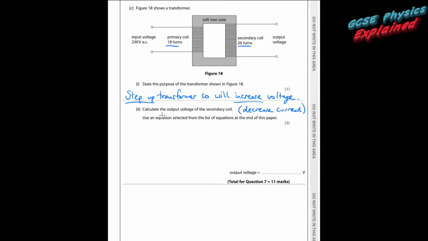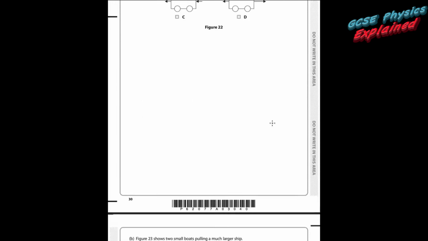Part 2. Calculate the output voltage of the secondary coil. Use an equation selected from the list of equations at the end of the paper. Right, that's the formula we want. Voltage across the primary coil divided by voltage across the secondary is going to equal the number of turns on the primary coil divided by the number of turns on the secondary coil.